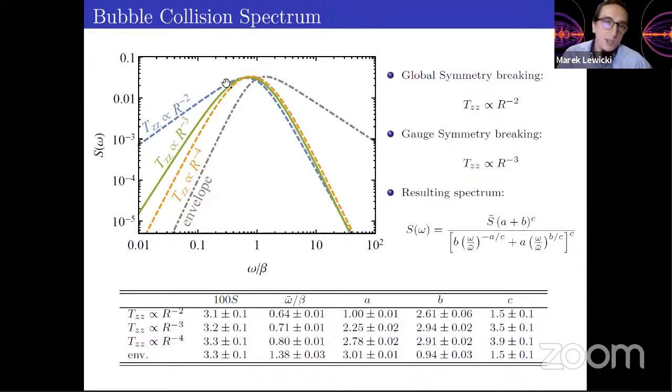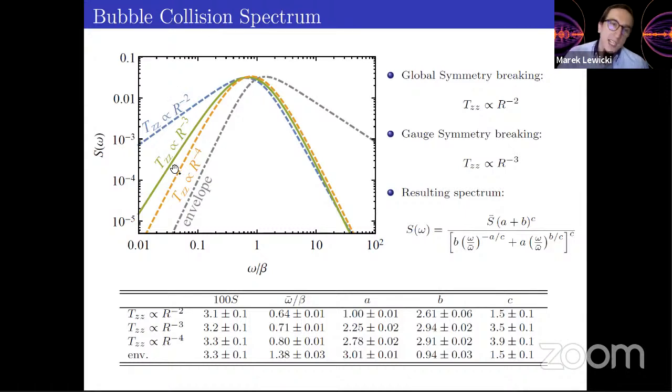With this gone, as you see, all the power laws essentially look quite similar at high frequencies and much steeper than in the envelope approximation. In fact, the power is approximately 3. This is the high frequency power. But there is an interesting difference in the low frequency part of the spectrum, which essentially corresponds to larger scales. So when the energy dissipates slowly, R^-2, as in a global symmetry breaking, you would see omega go as f^1, which is also the result of the bulk flow model.